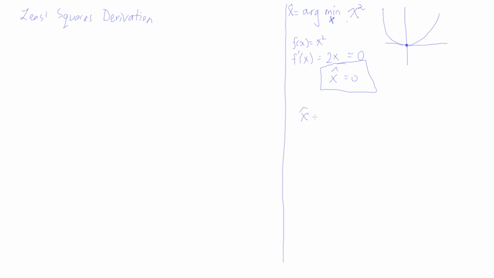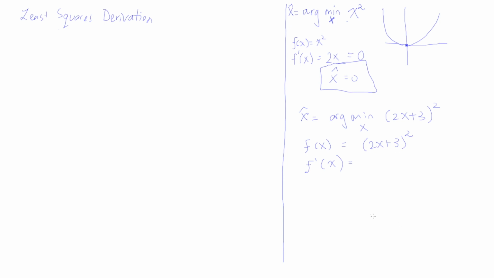Okay, so what if I'm looking for the x hat, the argmin, of (2x plus 3) squared? This is slightly more difficult, but it's still pretty simple. It's still the same idea. We have our f of x, and to find the derivative of f of x, recall we need to use the chain rule.